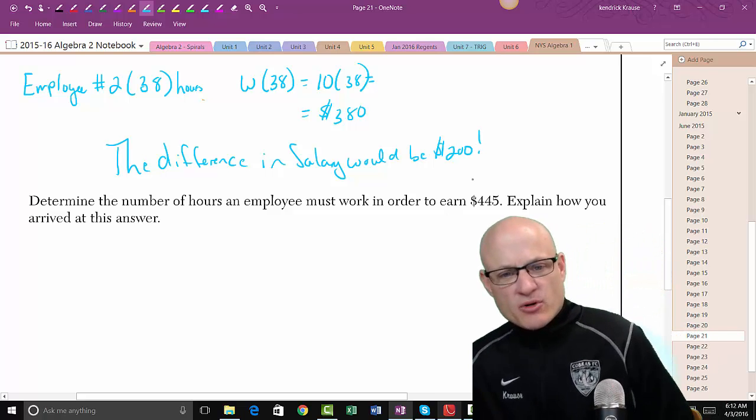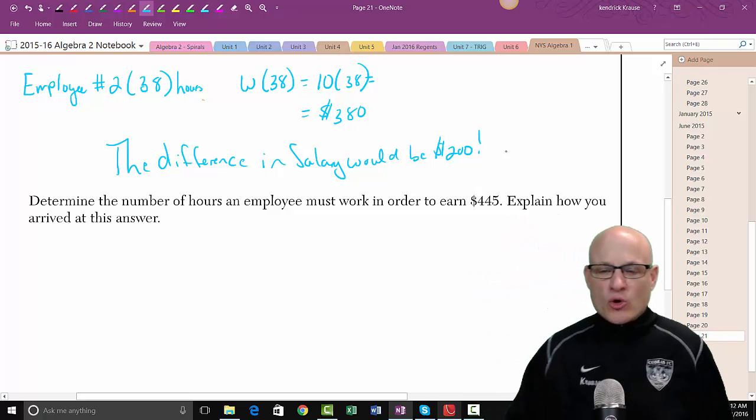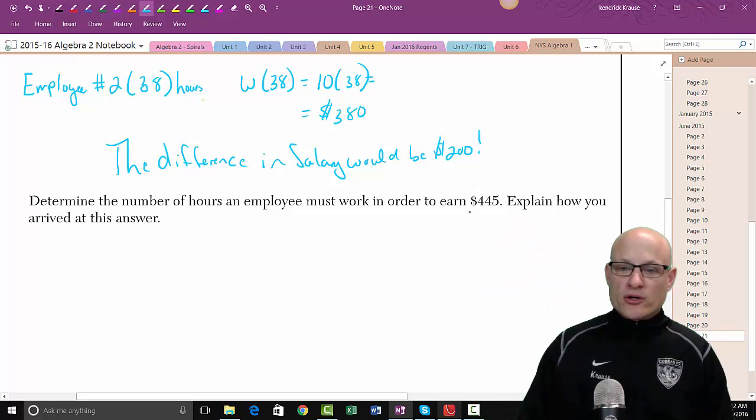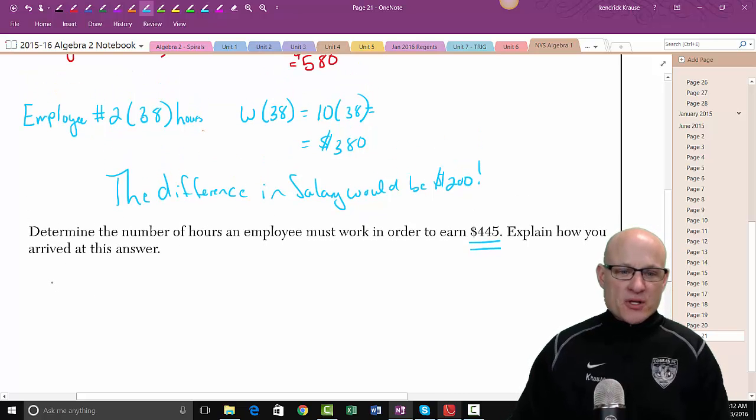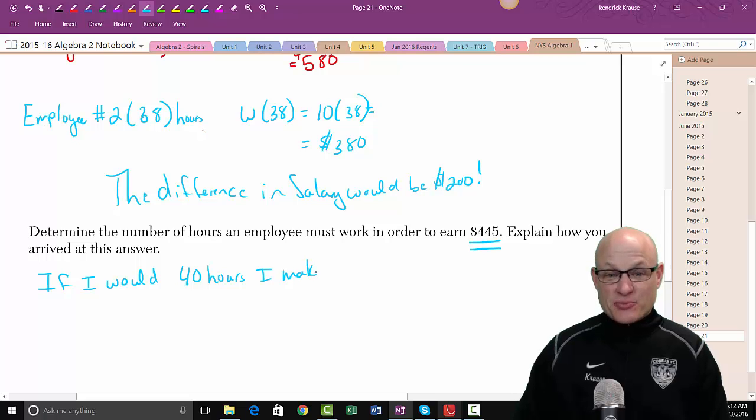It says determine the number of hours an employee must work in order to earn $445. Well, if I work 40 hours, I make, now you got to explain your answer, so let's explain it this way: 40 times 10, or $400.